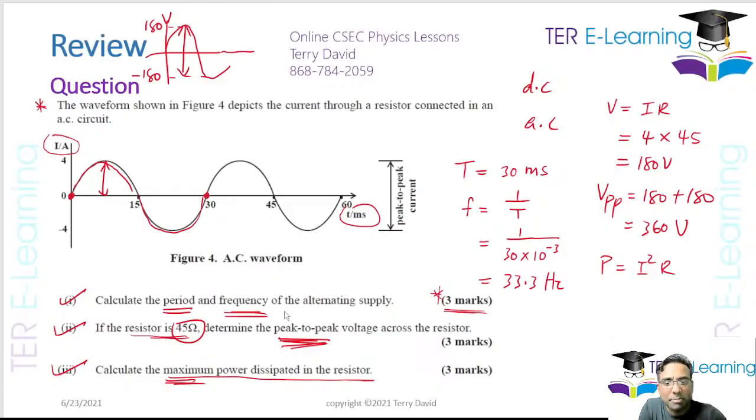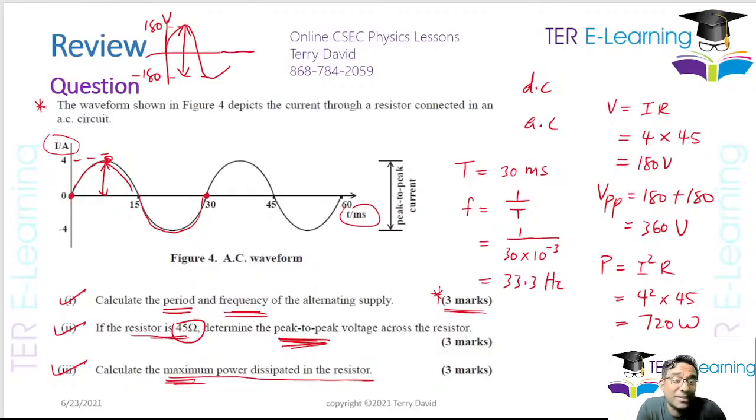So to get the maximum power, we need to take the maximum current, which is this value here. That corresponds to 4 amps. So it's going to be 4 squared multiplied by my resistance, which is 45, and you're going to get 720 watts, right?